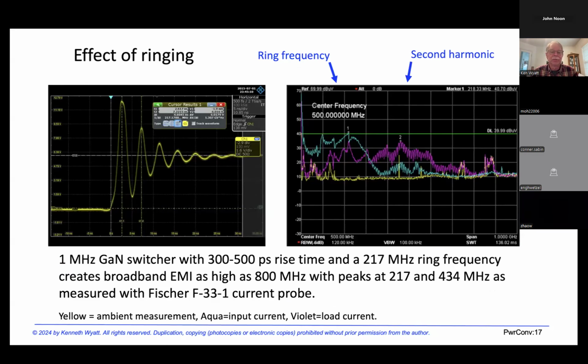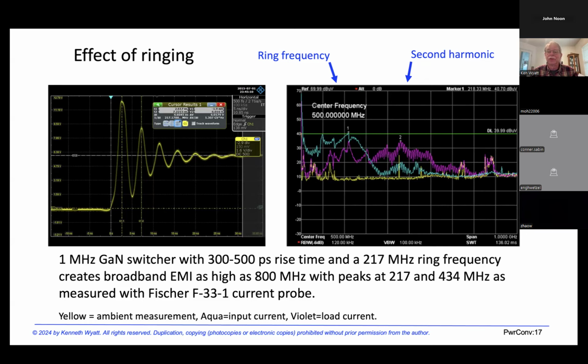So we have the time domain ringing on the left and the resulting frequency domain plot on the right. You can see the ring frequency is 217 megahertz, peaking up in the aqua and violet traces where I have the arrow pointing.